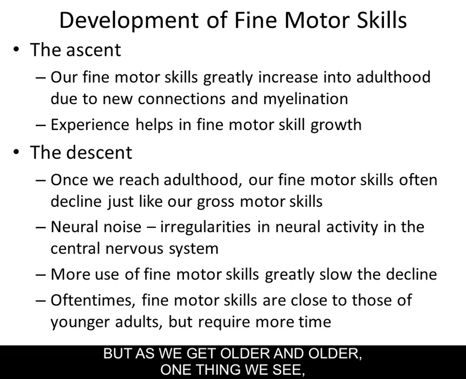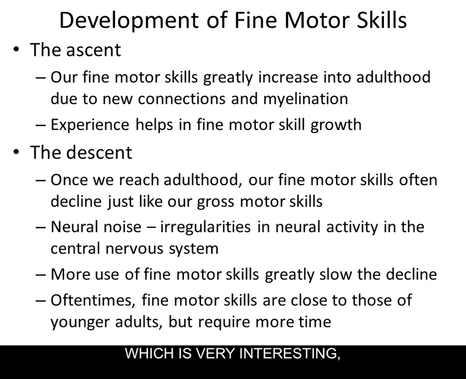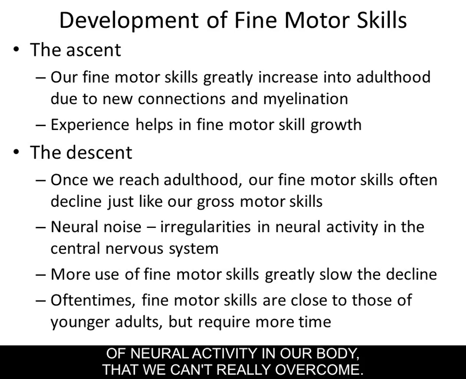But as we get older and older, one thing we see, which is very interesting, is that a lot of that signal tends to diffuse. It tends to go away. And instead of having a very noticeable blip, we get just a constant flutter of noise, of neural activity in our body that we can't really overcome.